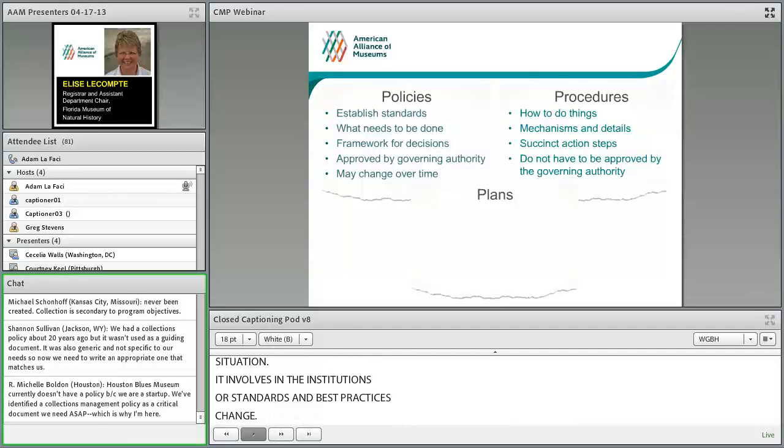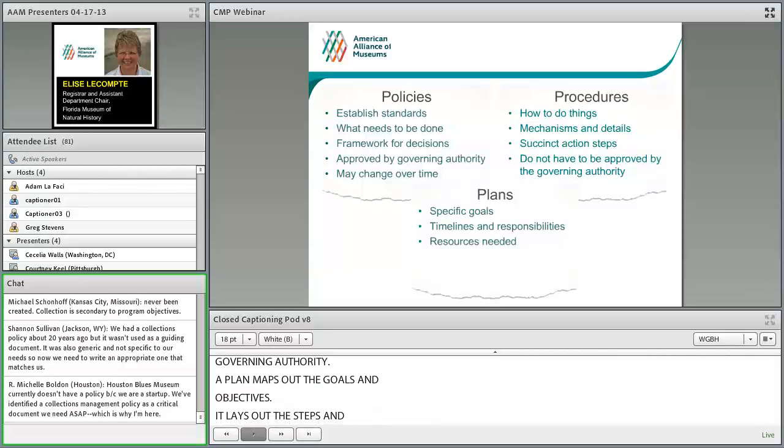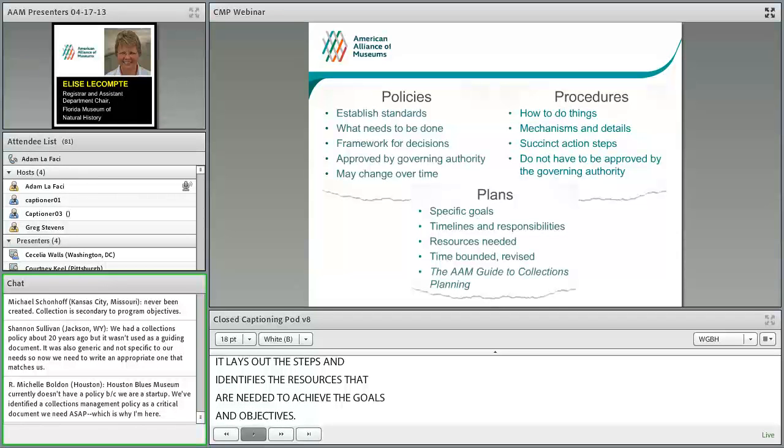A plan maps out the goals and objectives. It lays out the steps and identifies the resources that are needed to achieve the goals and objectives. It is time limited. You achieve your goals, reach your objectives, and you move on to establish a new plan. So the plan specifies what will be accomplished in a given period, why, by whom, and with what resources.